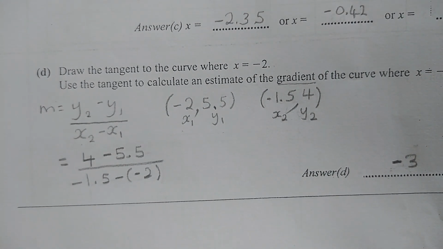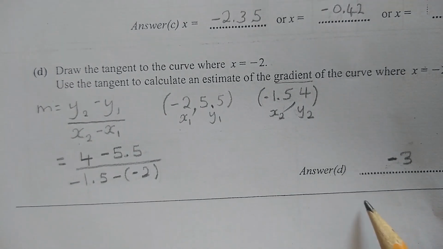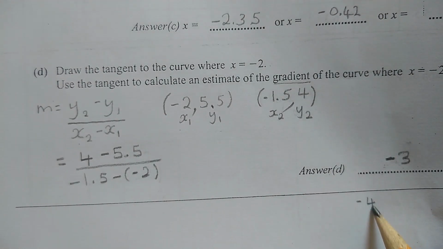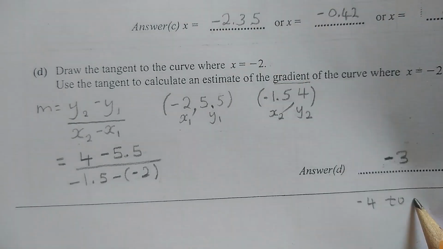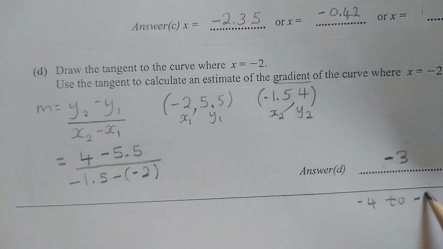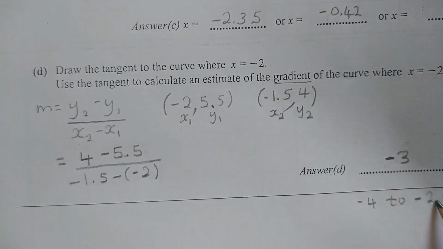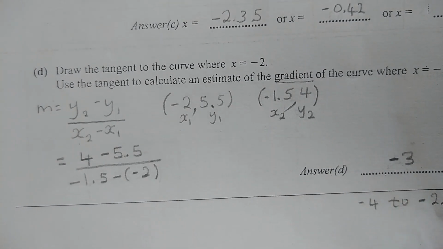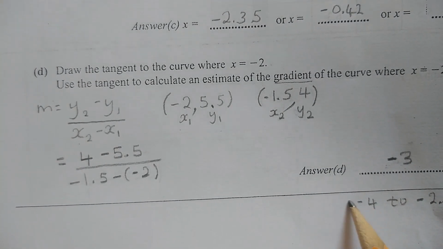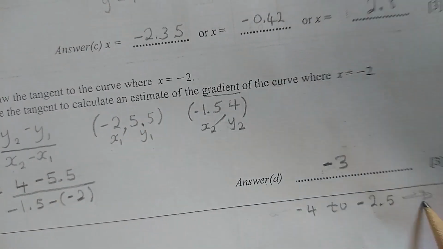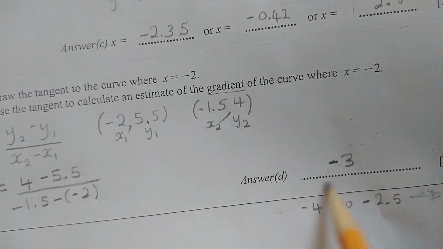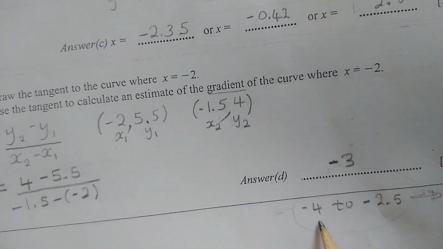Your gradient is supposed to be between -4 and -2.5. It's supposed to range here. If it's this side or this side, just know that it's wrong.